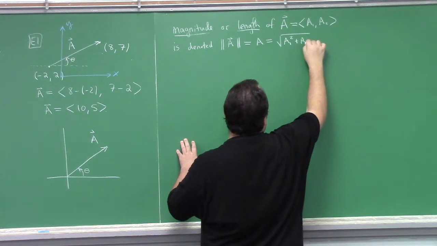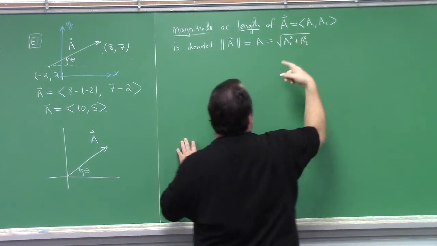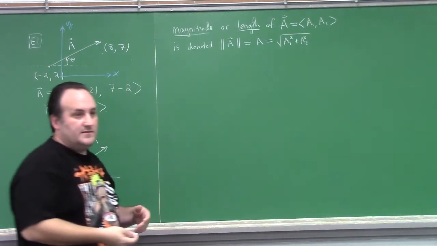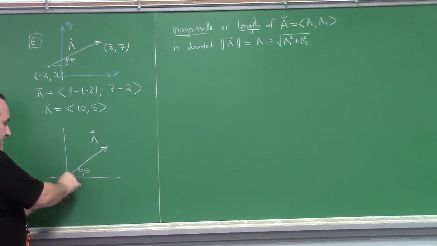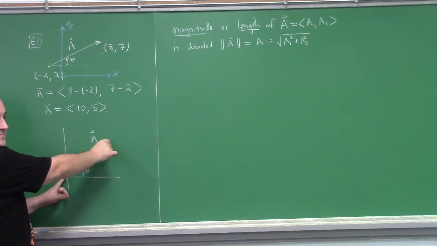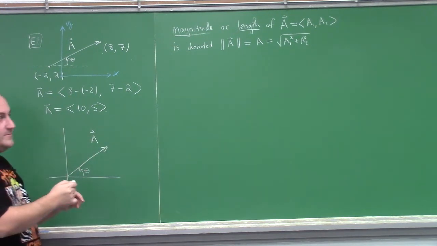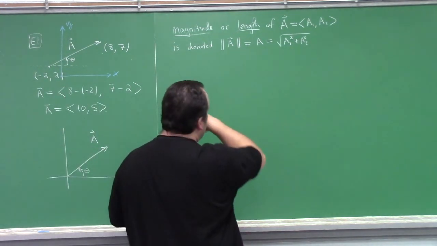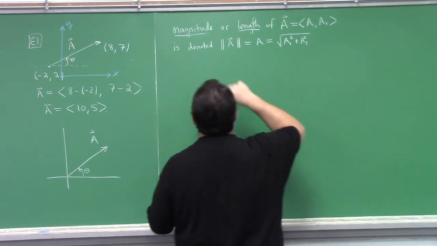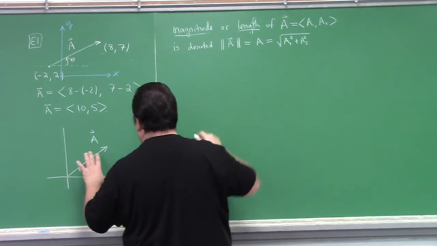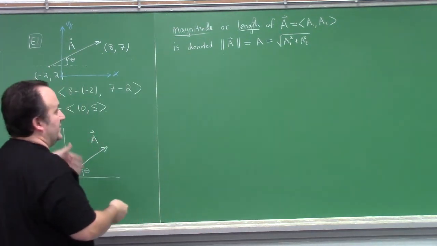That number is also the same as the distance from the base point to the terminal point of the vector. And so that's the magnitude. I think I've described what the standard angle is over here.